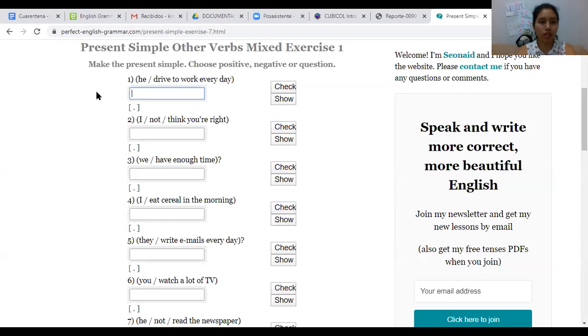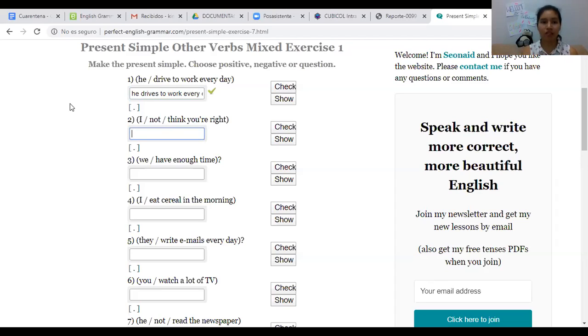So we put he drives, because it's the third person, you add an S, this S. And then now we check. It's correct, you see?